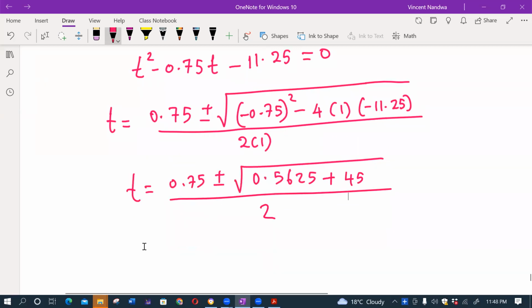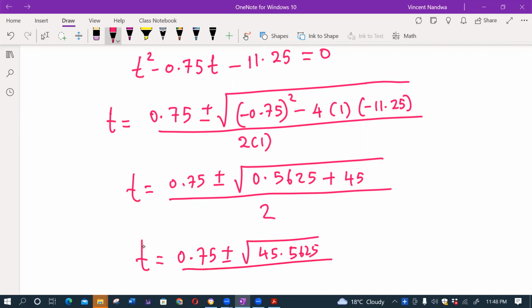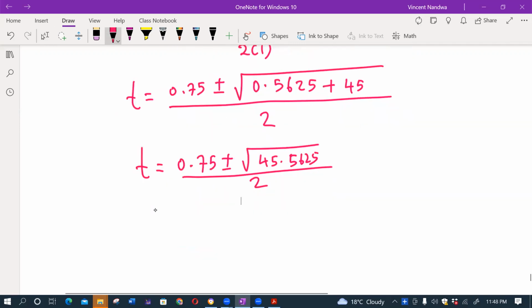Then 45 plus 0.5625 is 45.5625, divided by 2, and the square root of that value is 6.75.